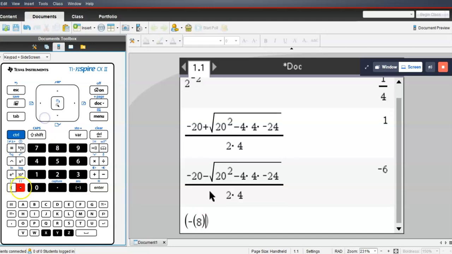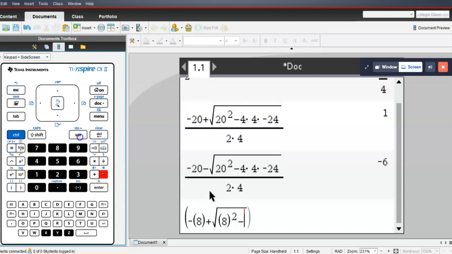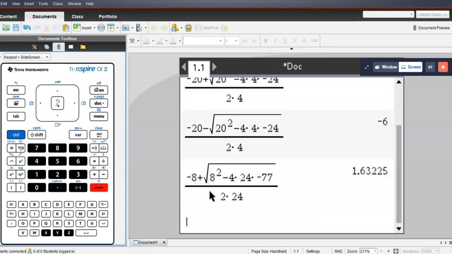Negative 8 plus the square root of 8 squared minus 4 times a times c. Click out. Divided by parentheses 2 times 24. And we get 1.63.